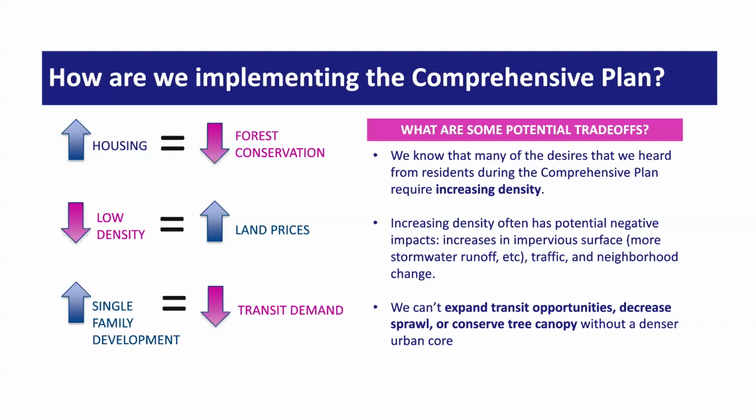But increasing density also has potential negative effects, like increases in pervious surface and potentially more stormwater runoff, traffic, and neighborhood change. But we ultimately can't expand transit opportunities, decrease sprawl, or conserve tree canopy without that denser urban core.